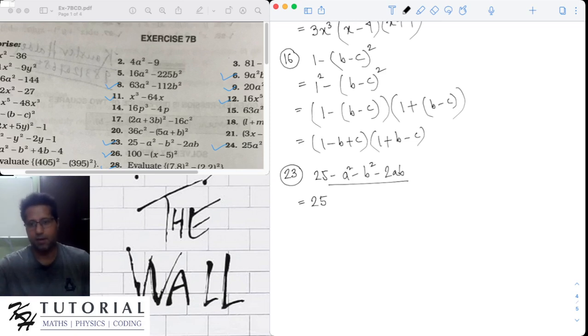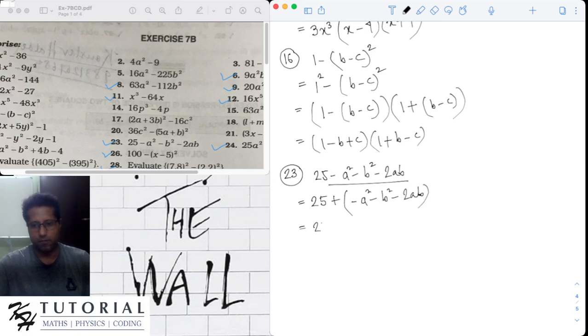So if I simplify this, or if I use some brackets, if I group these terms, that is the second term, third term and fourth term as, let's say, plus, I have minus a square minus b square minus twice ab.